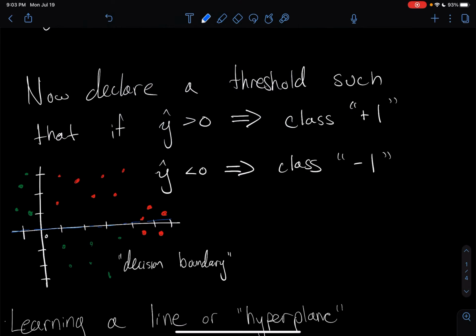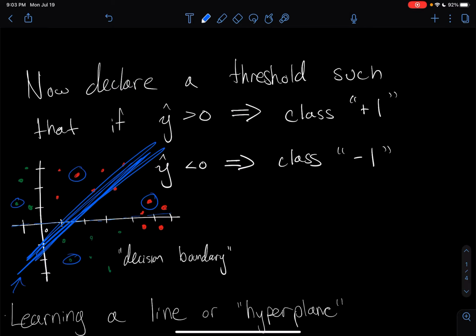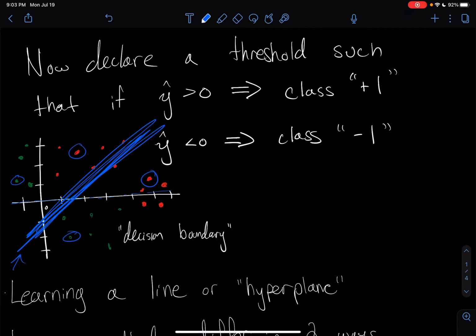You might get something like this, where you have members of both classes on either side of the line, but your decision boundary does the best it can to put as many of one class on one side and as many of the other class on the other side. But sometimes you have some casualties, a little bit of collateral damage, where you have classes on both sides.